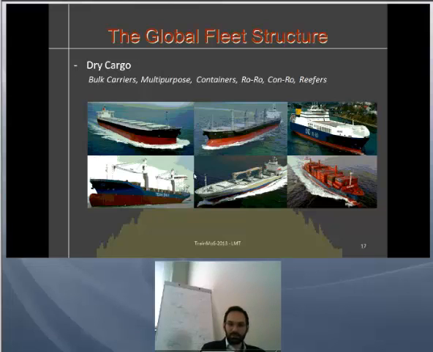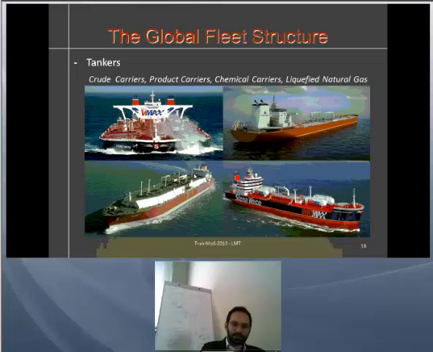Regarding tankers, we have the very big and also the smaller types. The first picture is a VLCC vessel, and then we have Suezmax, Aframax, and also product carriers and chemical carriers, and of course the liquefied natural gas carriers, which have become more popular.